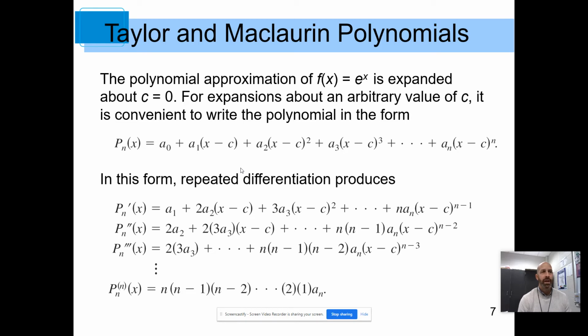The coefficient of the linear term now is 2 times 3 times a sub 3, because we're doing repeated differentiation. And so in general, the nth derivative of the approximating function p is going to be n times n minus 1 times n minus 2 times ... times 2 times 1 times a sub n.